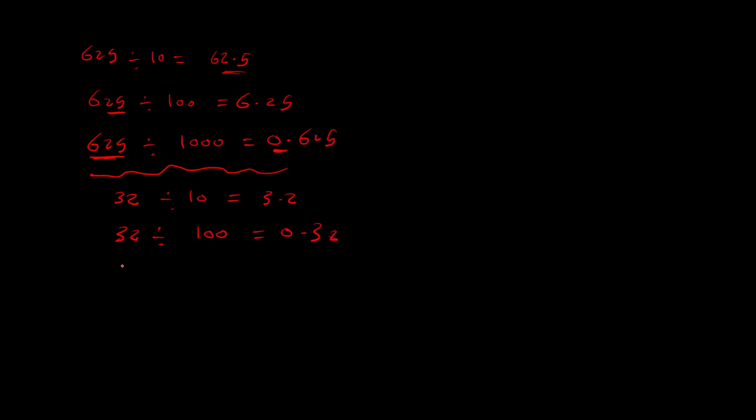But when we divide 32 by 1000, insert the point after 3 digits from the right, so we have to write a 0 here, and write 0 in the integral part, so the quotient will be 0.032. So don't forget this note.